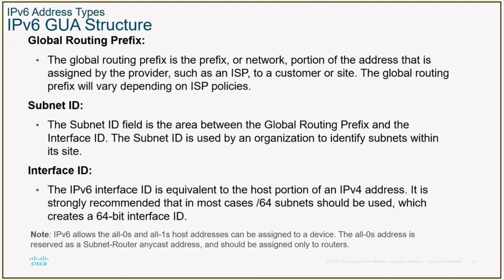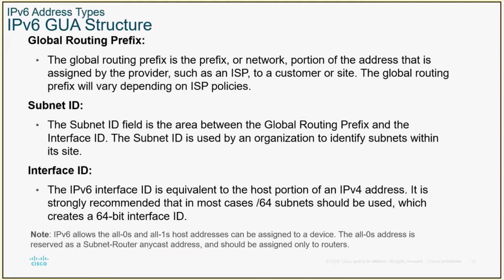So with a 16-bit number, 2 to the power of 16, you've got 65,000 possible subnets you can create. There is a lot more addressing space with IPv6. And of course the interface ID is equivalent to the host portion of an IPv4 address. It is strongly recommended that in most cases a /64 subnet should be used, which creates a 64-bit interface ID.